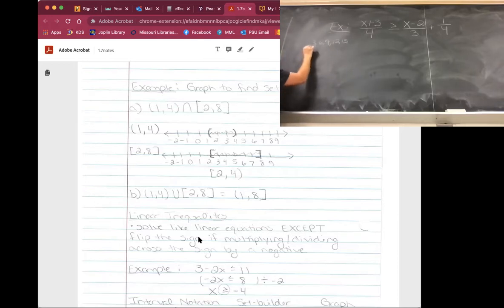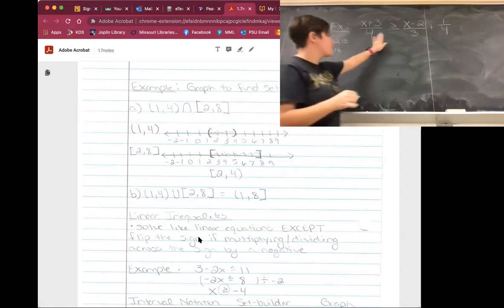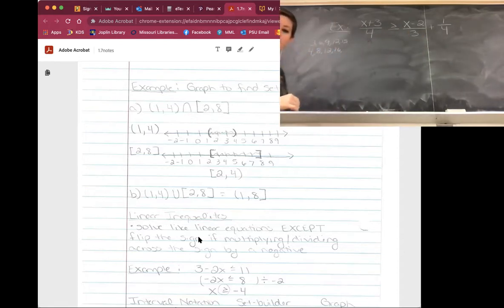And my multiples of 4: 4, 8, 12, 16. I want to find the smallest number that both of my denominators, 4 and 3, have in common. Well, they both have 12 in common.